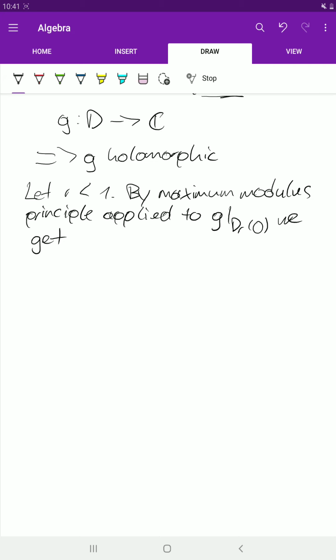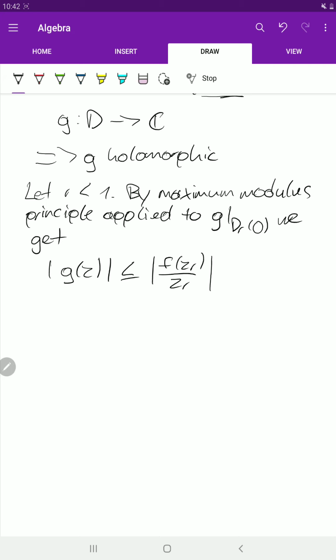Okay, and then we get for the modulus of g that this is at most, let's say, f of z_r divided by z_r.